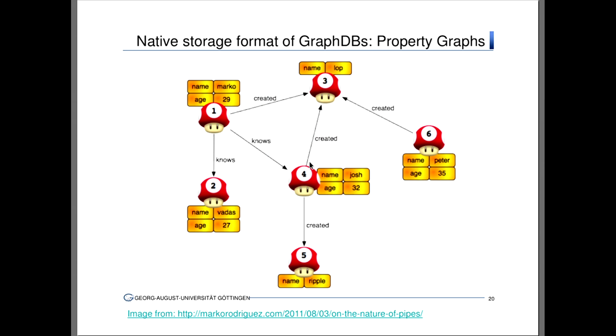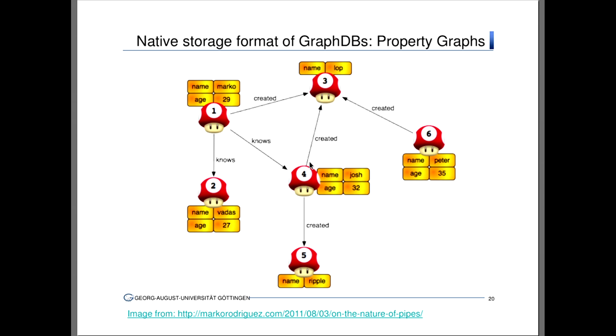So the native storage format for graph databases is a so-called property graph. So that's different from the tables. So a property graph is just a graph, really, but there are properties attached to the nodes, which just means you can think of it as having Python dictionaries attached to each node, or Perl hashes, or just key value pairs, really.